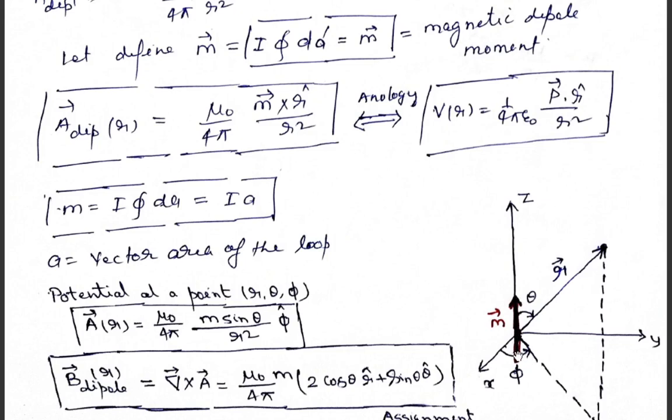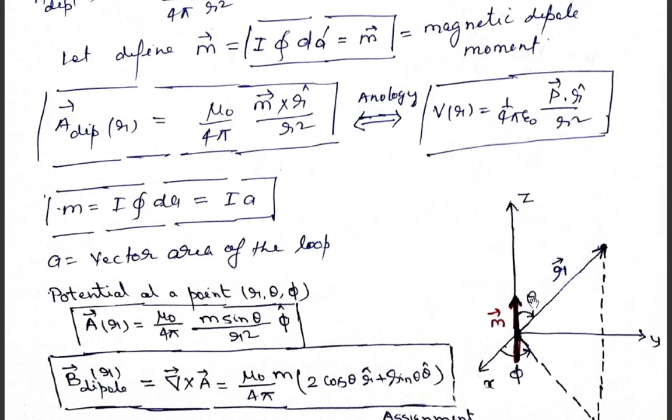So I have just considered a single circular loop, because of which a magnetic dipole is created, as we have already learned in our previous lectures. This dipole is pointing along the z direction, and let us say this is the point P of observation, at some distance r vector. This r vector makes an angle theta with the dipole.